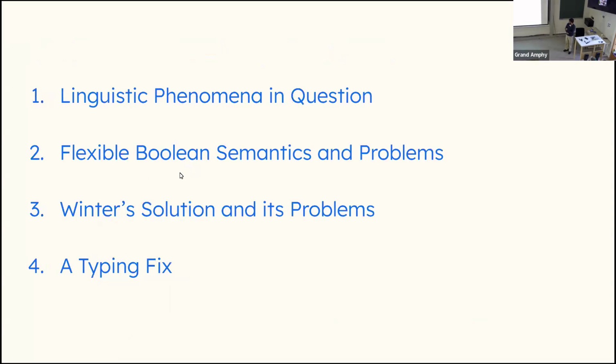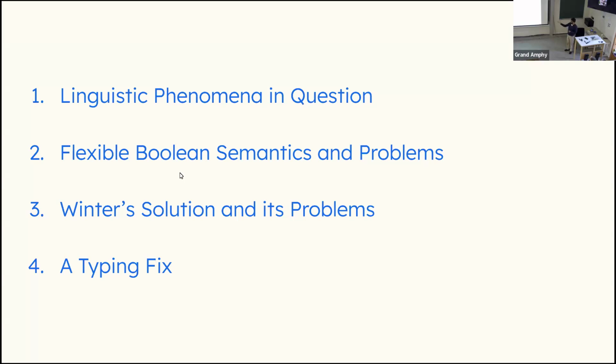So this is how the talk is structured. First, I will mention the linguistic phenomena in question, that is, what things exactly are we seeing. Then I will explain flexible Boolean semantics, which is an extension of Montague semantics. Flexible Boolean semantics has been used to analyze the linguistic phenomena that will be mentioned in part 1.